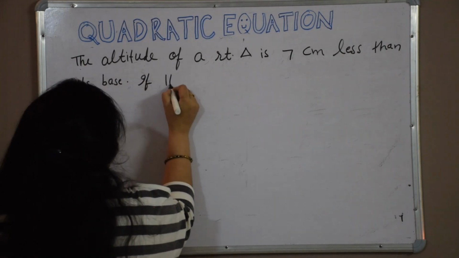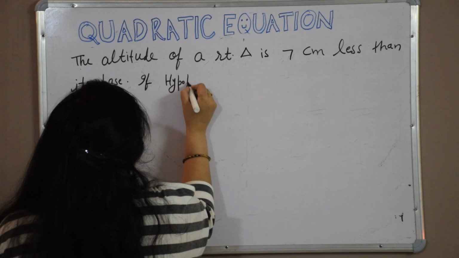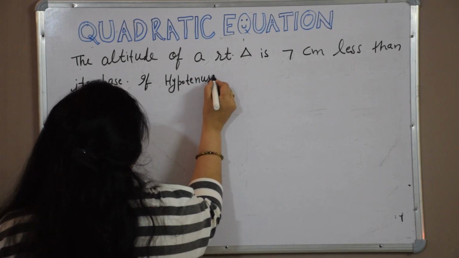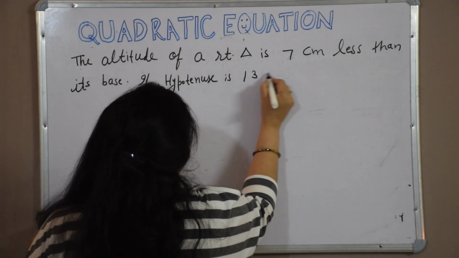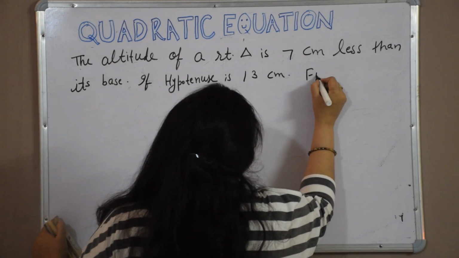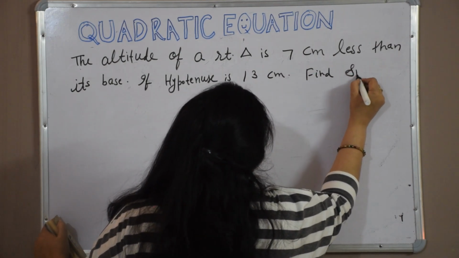If the hypotenuse is 13 centimeter, find the sides.